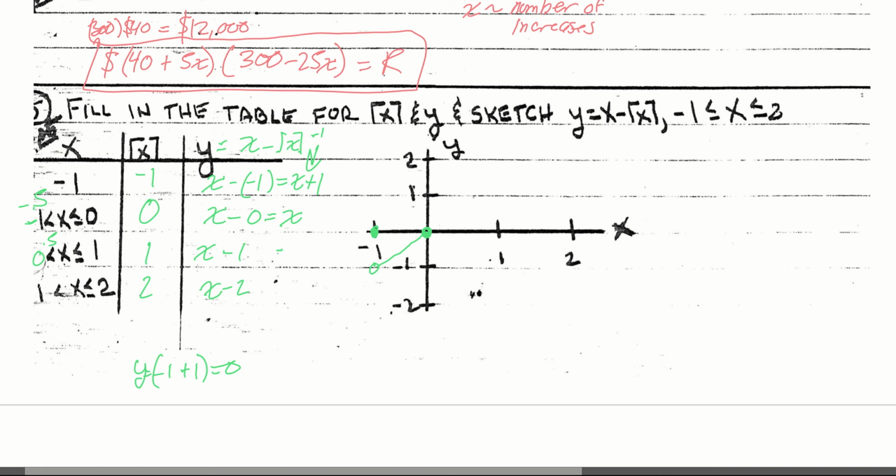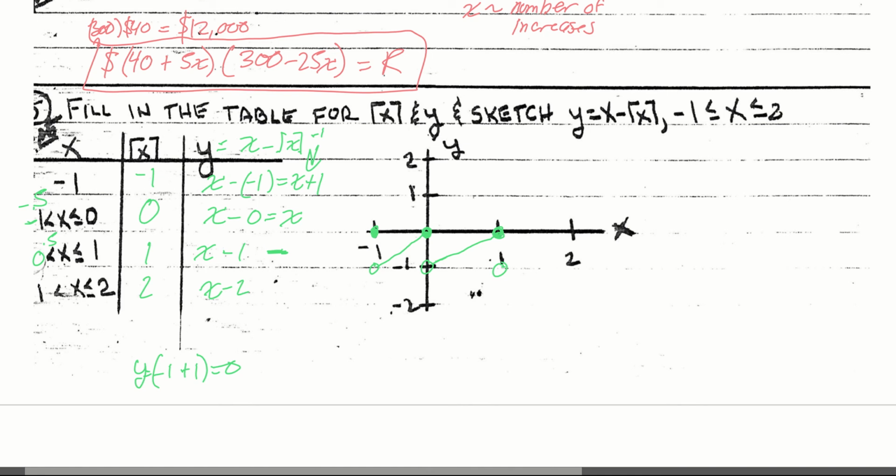So if it's 0 for this function here, then we have -1, open dot, and then it's going to be y equal to x minus 1 until we get to x equal to 1. Then it's closed dot, and then once we're greater than 1, we're going to have a closed dot again, right at y equals -1.